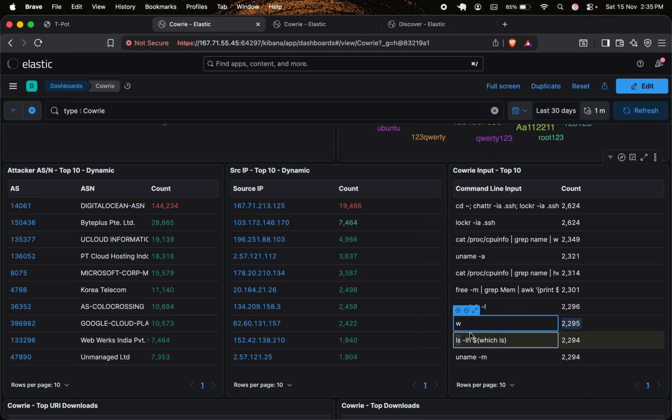Then these commands, w and who am I, show who is logged in and what the users of the system are. And uname is about the operating system, its kernel, its version number. All these commands are related to our system. Who am I? What is my system about? What is the operating system? What is the kernel? How many users are logging into the system?